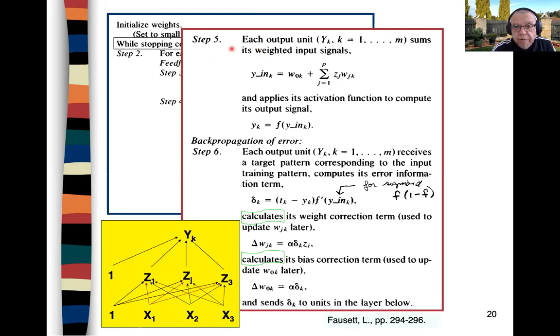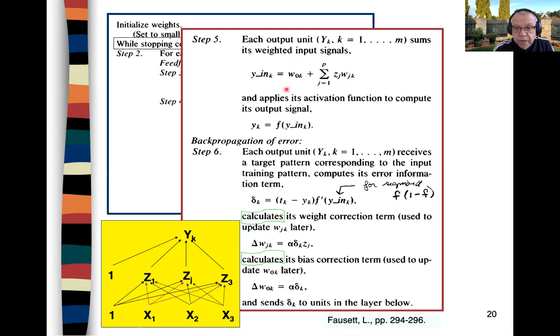Now step 5 is each output unit, yk, from 1 till m, sums its weighted input signals. So if we take this node here, it takes the inputs from all the nodes of the hidden layer, multiplied by the weights, and then you add a threshold w0k.